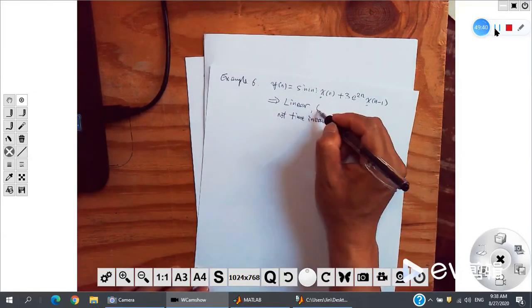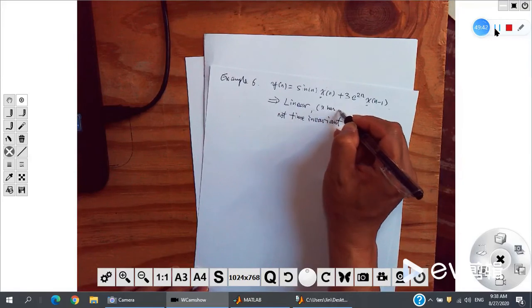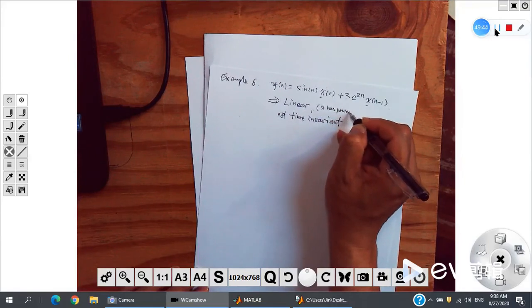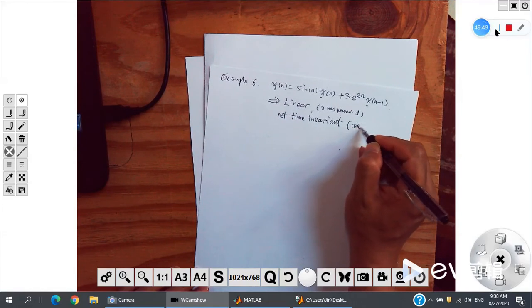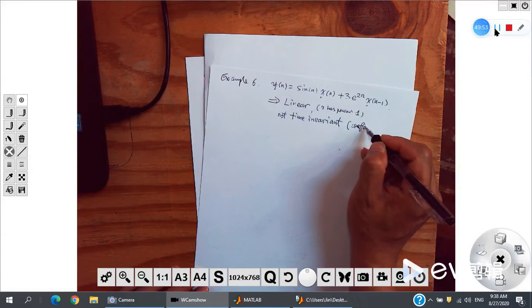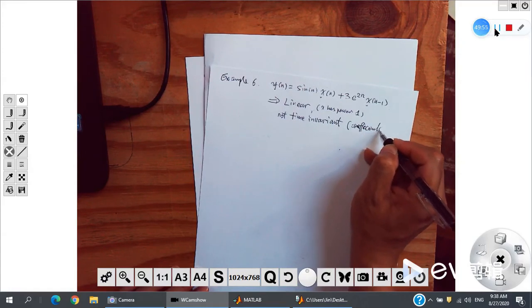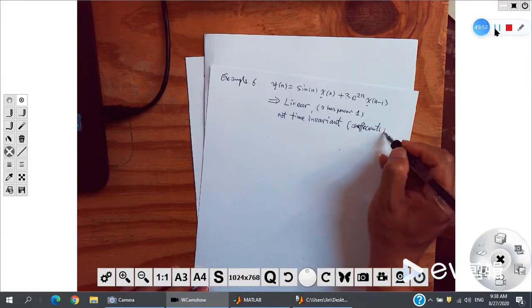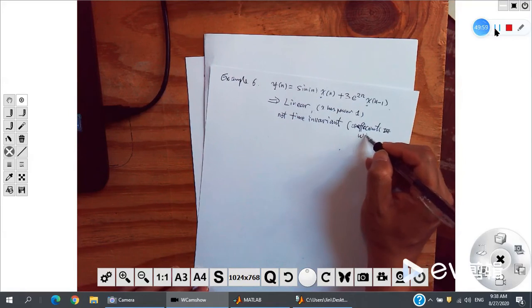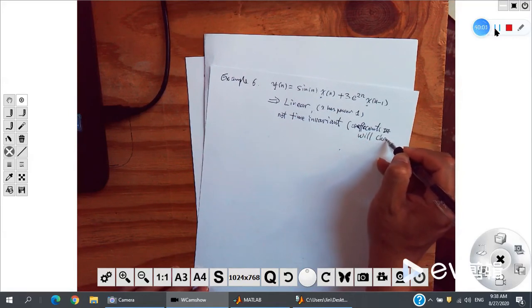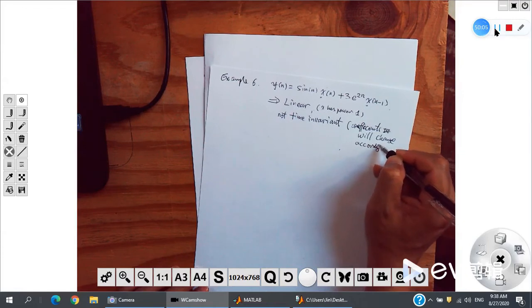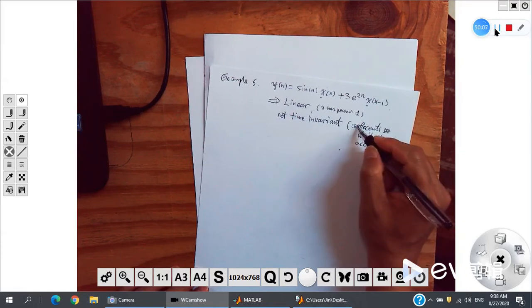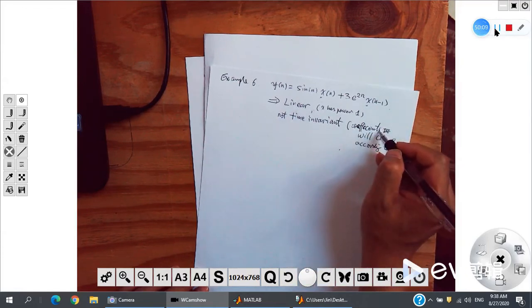Let's see, x has power 1. And this coefficient will change according to n. Coefficients will change according to n, right?